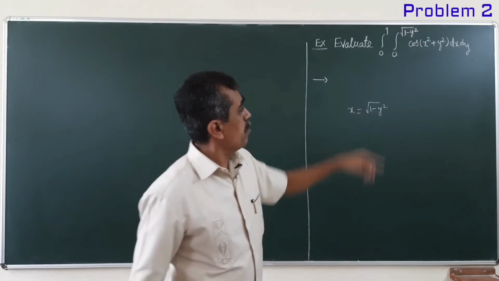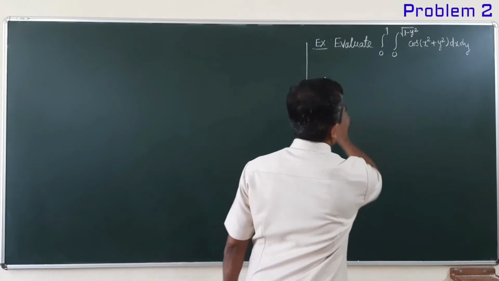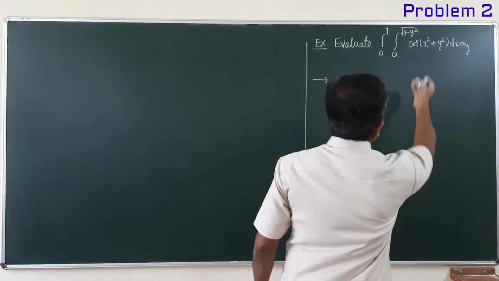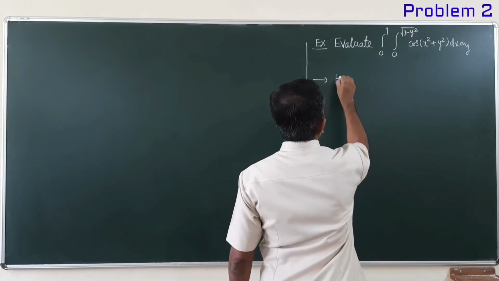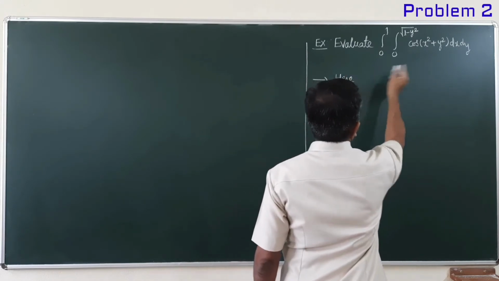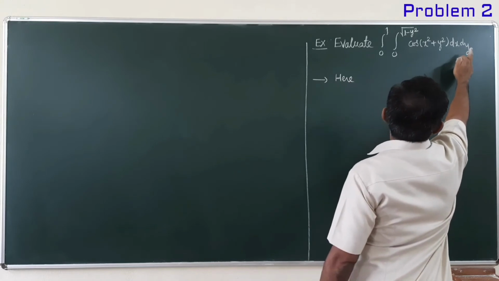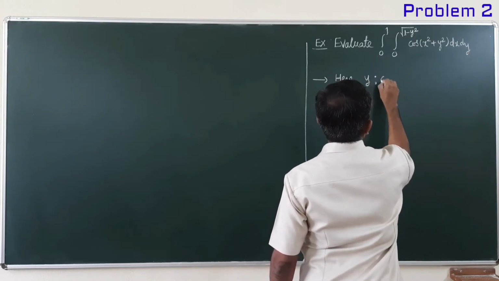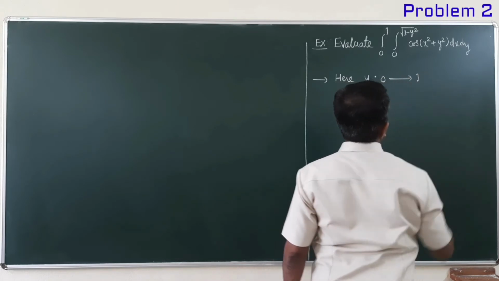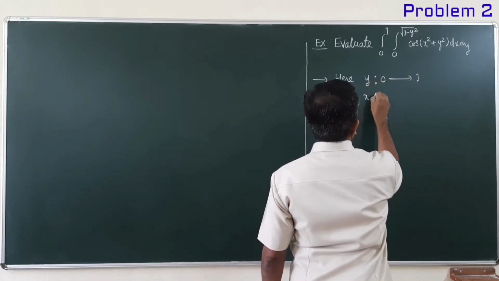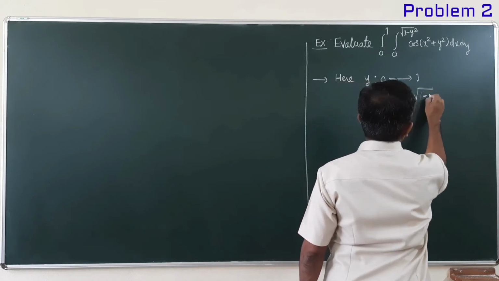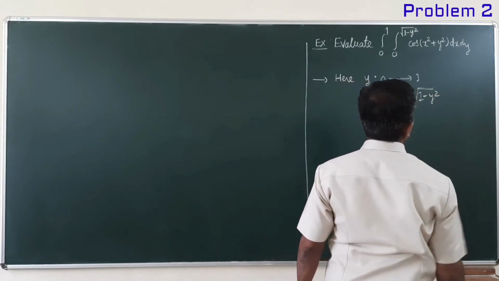Let us first see what the limits and the domain of integration are, and we will plot the domain of integration also. Here y runs from 0 to 1, and x runs from 0 to under root 1 minus y square.